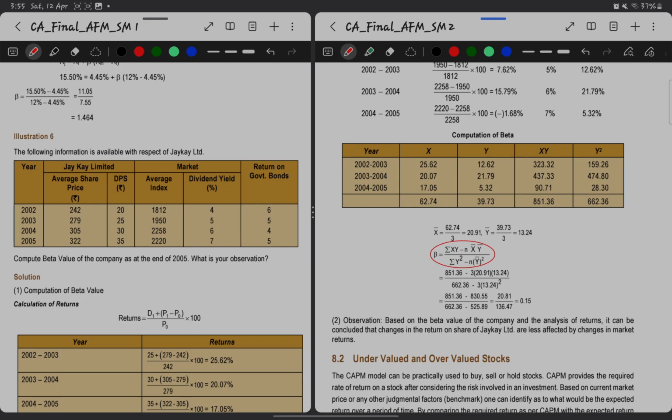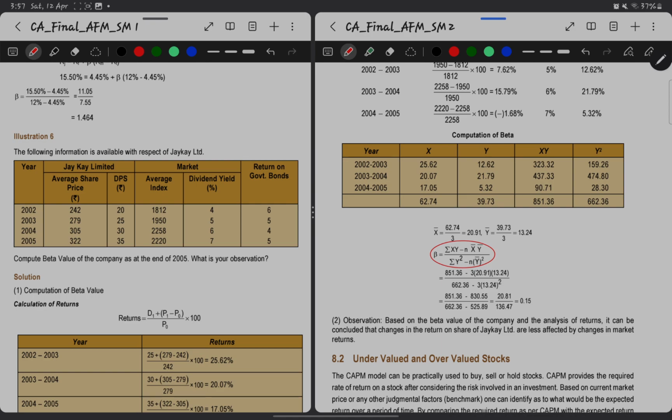They are asking the beta value of the company as at the end of 2005. What is your observation? Now we have the data of JK Limited. Using that we can find the returns of JK Limited, and then we have to find the return on market also.